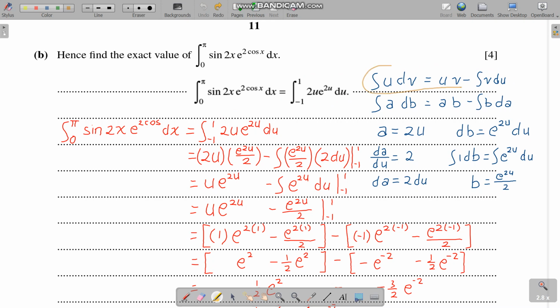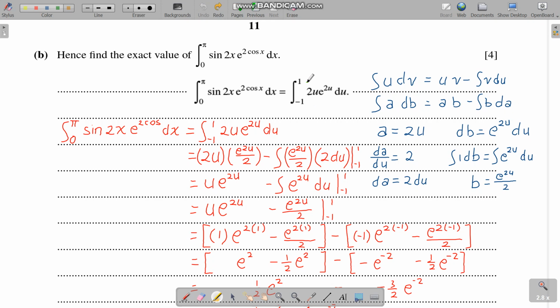It's in this form, in simplest form, but as you can see we are already using u in the first part. So to make things not complicated, let's just use a and b instead. So instead of u, use a, instead of v, use b. Integral a db equals ab minus integral b da.